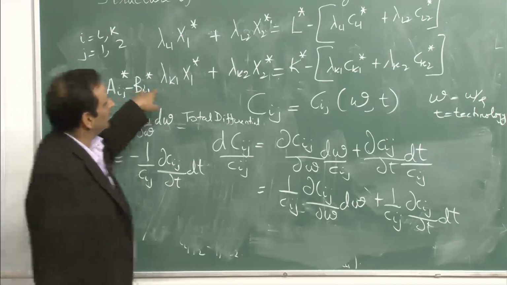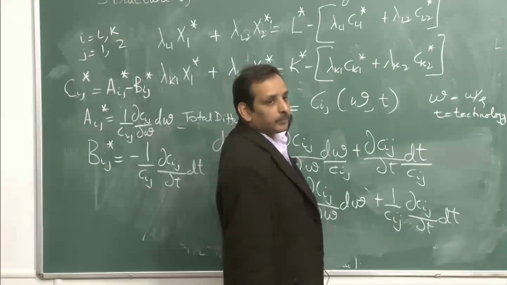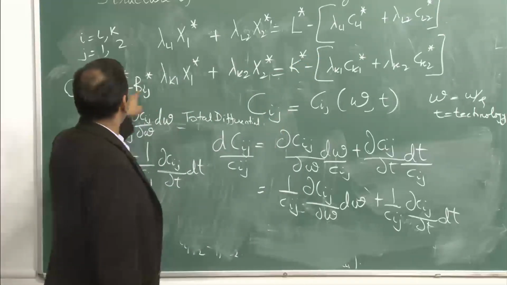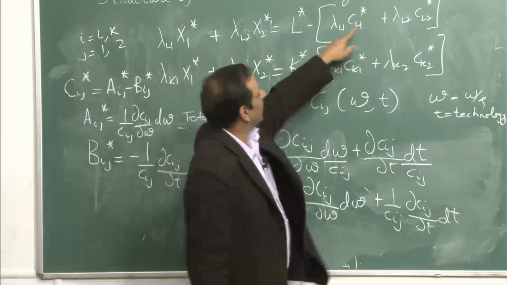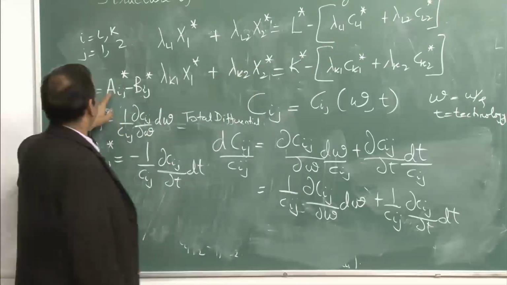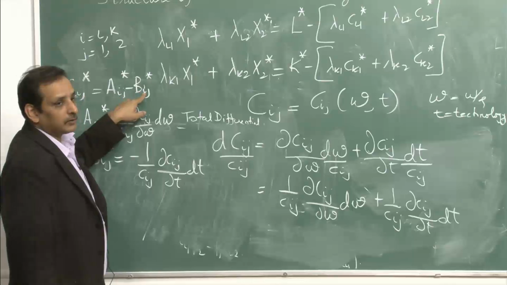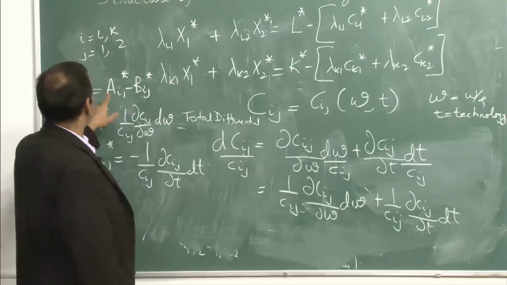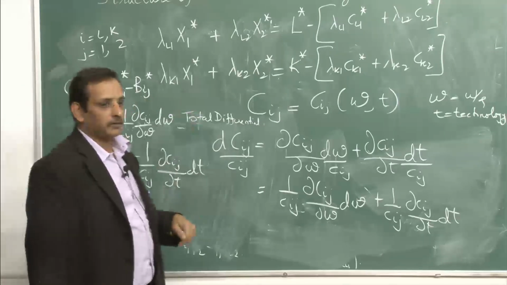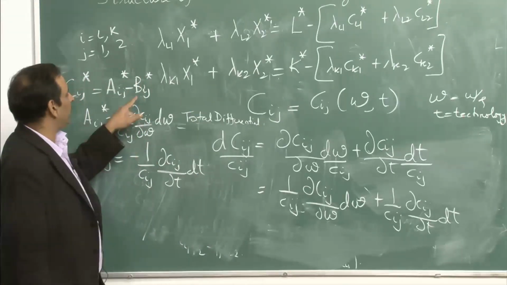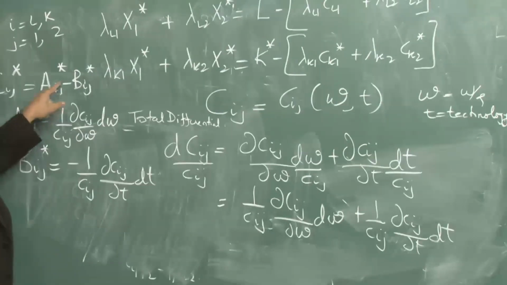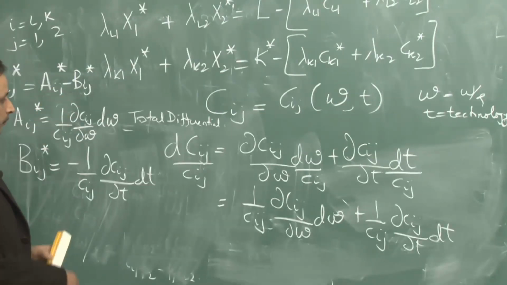Now, why am I writing Cij star as Aij star minus Bij star? Because I want to replace this Cl1 star with Al1 star minus Bl1 star, Cl2 star with Al2 star minus Bl2 star, Ck1 star with Ak1 star minus Bk1 star, Ck2 star with Ak2 star minus Bk2 star.